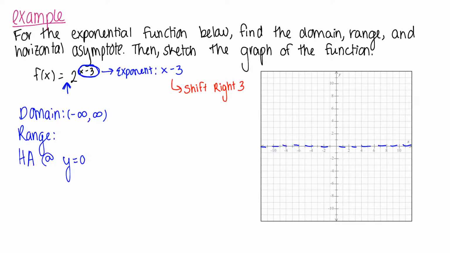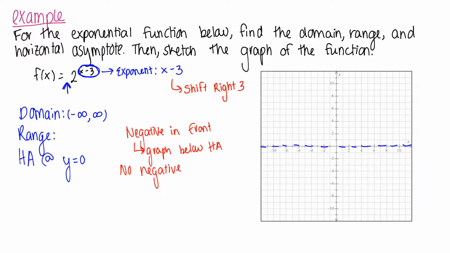So one thing to think about, if there's a negative out front, then the graph of the exponential will be below the horizontal asymptote. No negative, the graph will be above the horizontal asymptote.